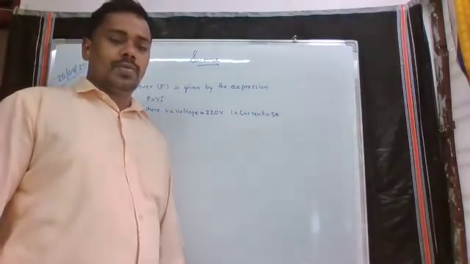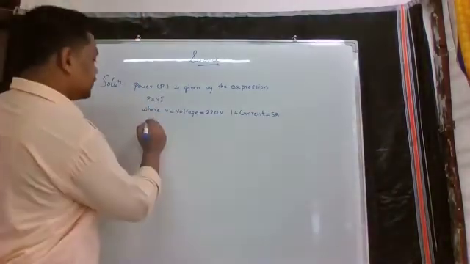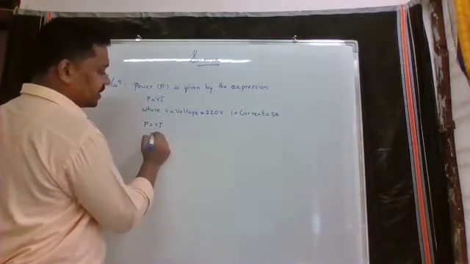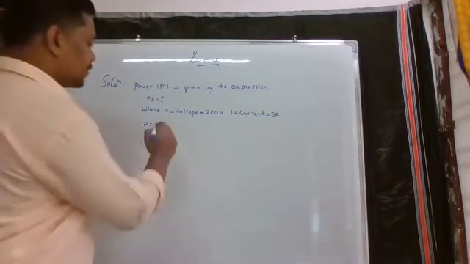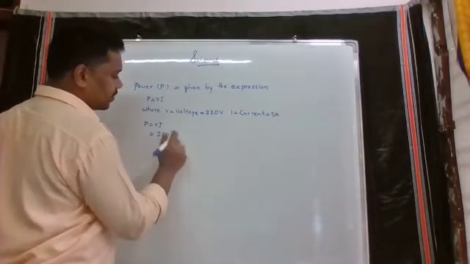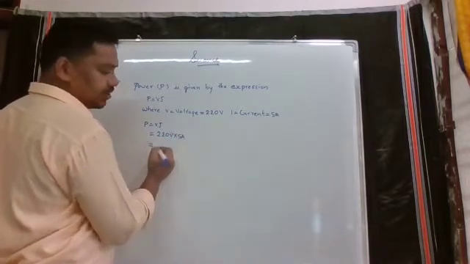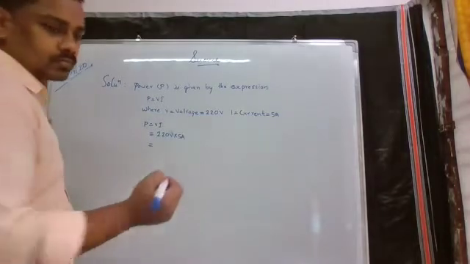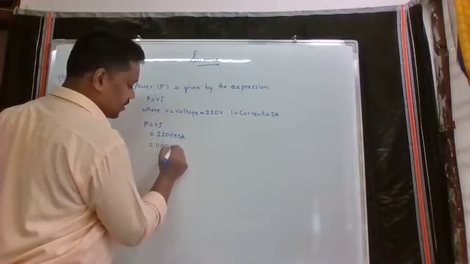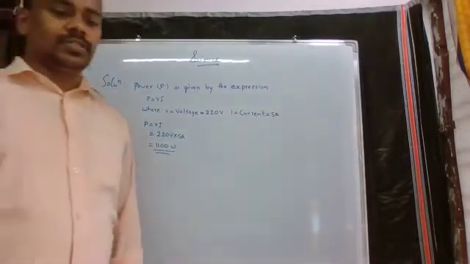So power P is equal to V into I, which is equal to 220 volt into 5 ampere, which is equal to 1100 watt. Unit of power is watt. So we got that.